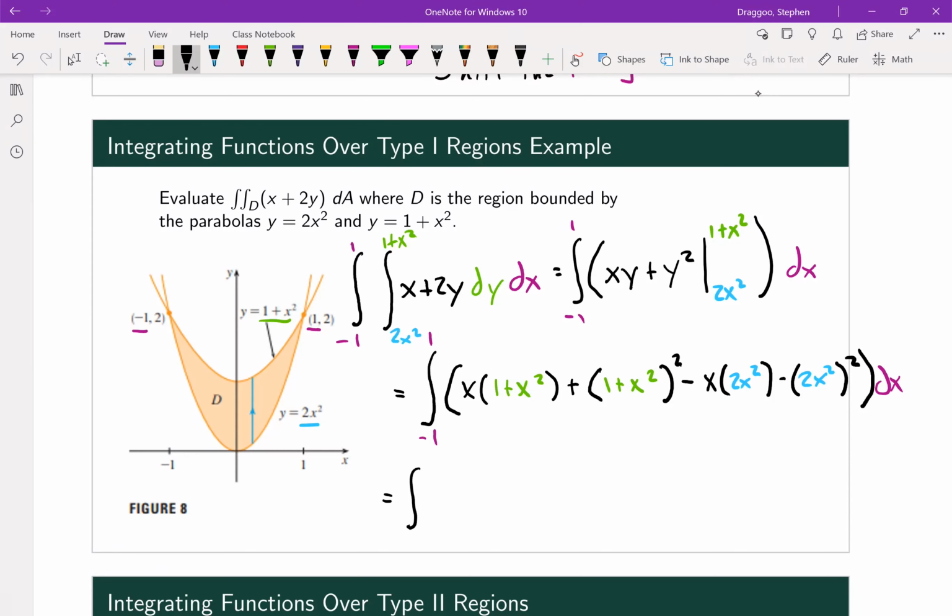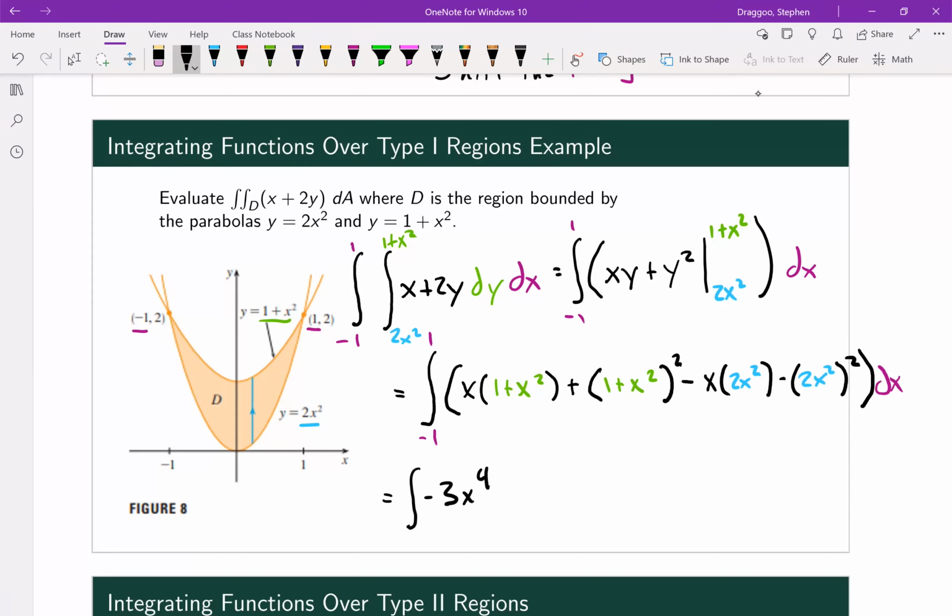So if we follow our x to the 4th terms, looks like we'll have a 1x to the 4th from the second green term and a minus 4x to the 4th from the second blue term. So we'll call that -3x to the 4th.